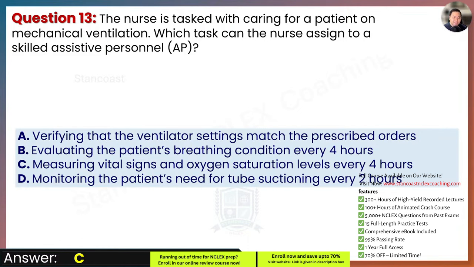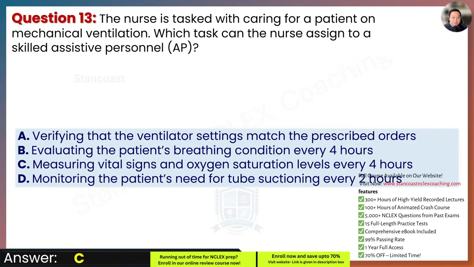Evaluating the patient's breathing goes beyond their scope of practice. This involves the assessment of breath sounds, the work of breathing, and the overall lung function. So this task requires advanced assessment skills, critical thinking, and the ability to make decisions based on complex physiological information. Again, this is the scope of the RN.